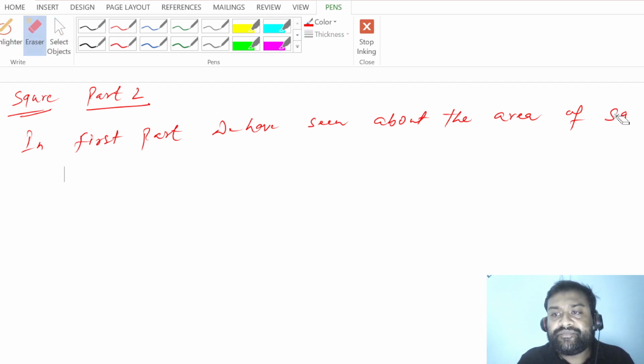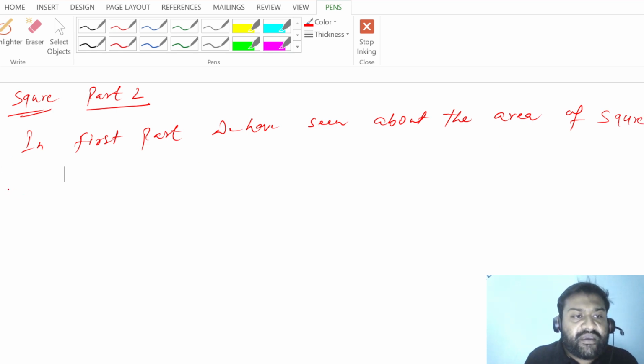Now in this part we will see the perimeter of a square.